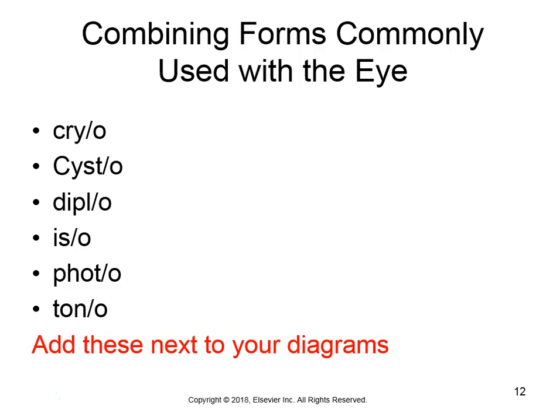So if you have equal vision in both eyes, we might use ISO. Photo means light. And then tono means pressure or tension. And I think of this in the sense of that water-filled balloon analogy. If you have too much or too little pressure on the eye, it can cause problems. So that's when we'll see tono.